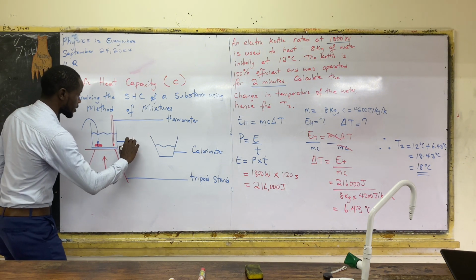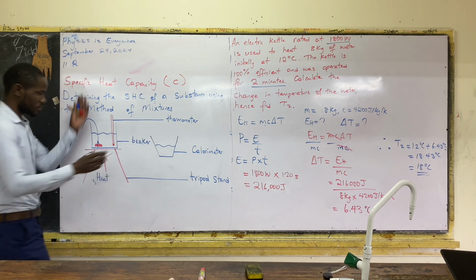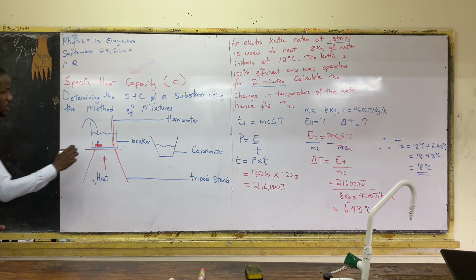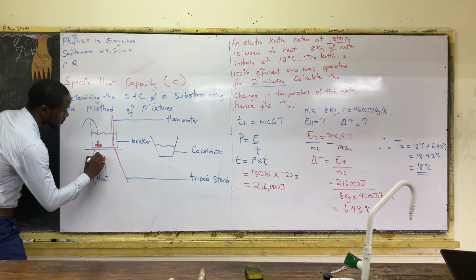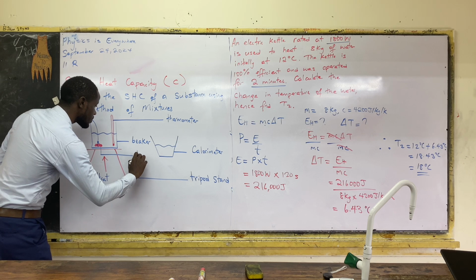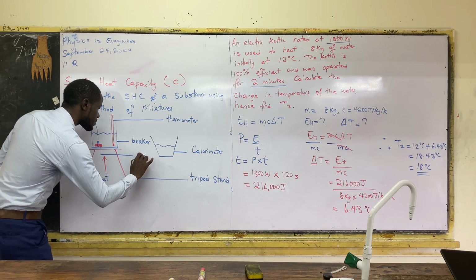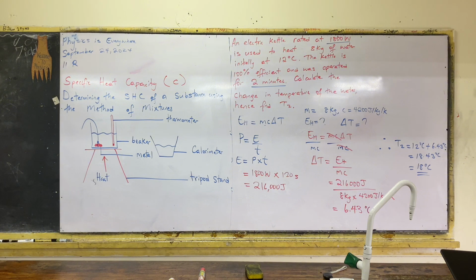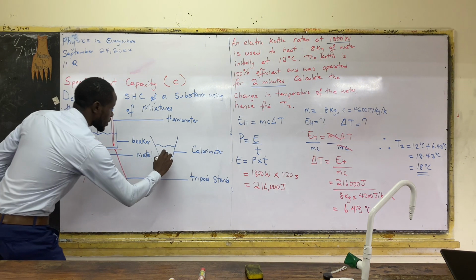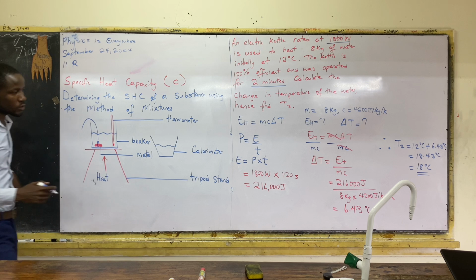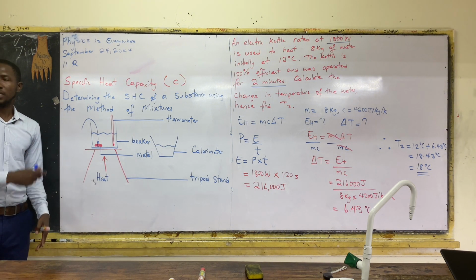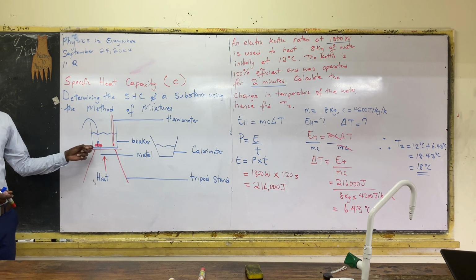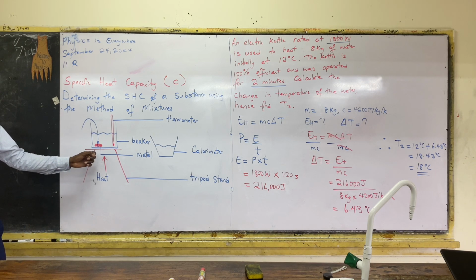This right here is our beaker. And then inside this here, we're going to have water. So we're going to have water inside those containers. All right, so this is our diagram that we can use as a means of determining the specific heat capacity of this metal using the method of mixtures.